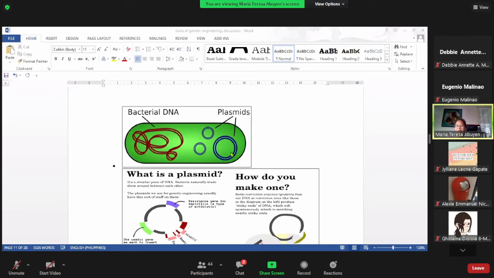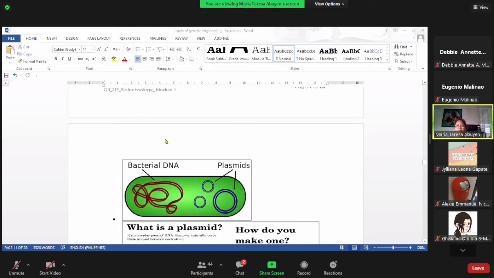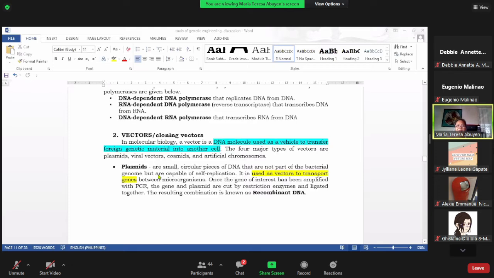So, plasmids have shorter DNA sequence or DNA nucleotides as compared to the bacterial DNA.